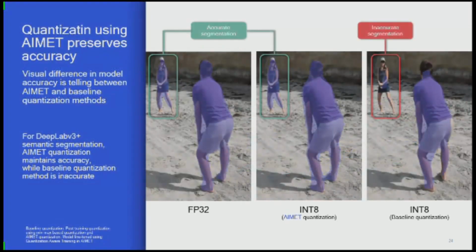And therefore, if you use AutoQuant in our solution, which shows that in our AIMET quantization, it has a much more accurate segmentation result.